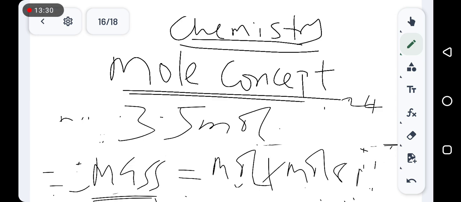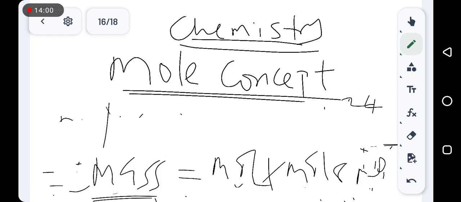So it now means that we are going to calculate the molar mass of sodium chloride. How can we calculate the molar mass of sodium chloride? In case it is not given, the molar mass is equal to the sum of the masses of all the atoms that make it up.